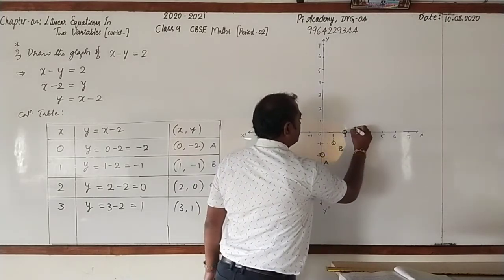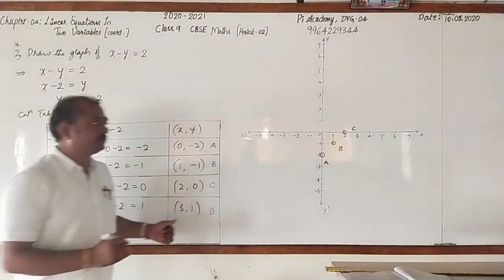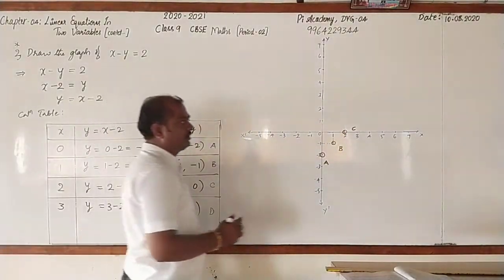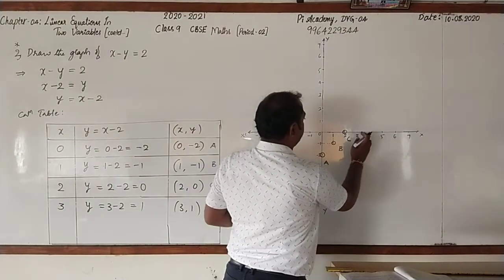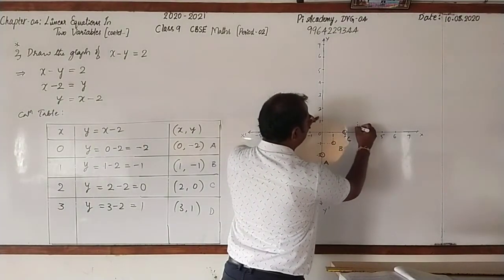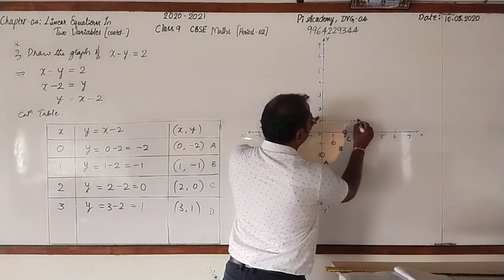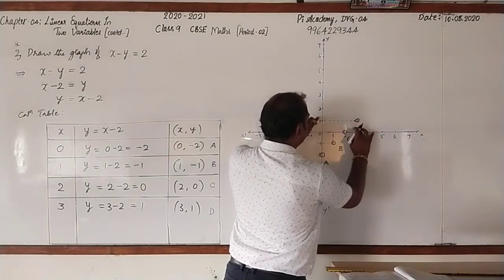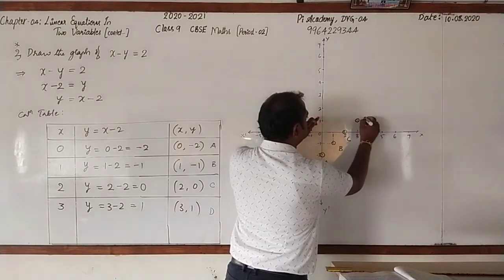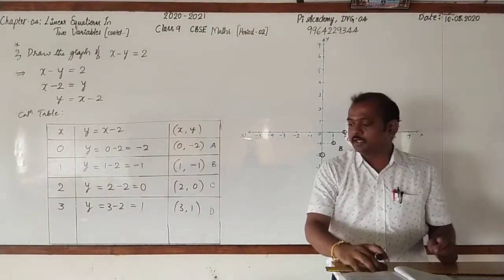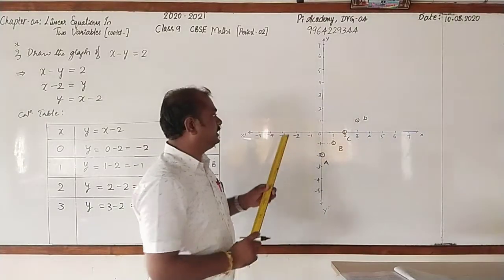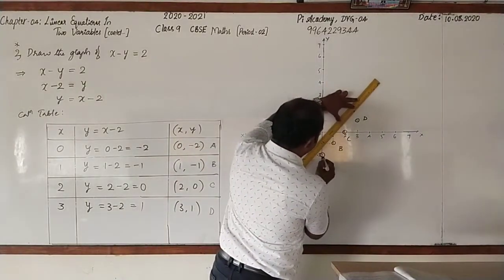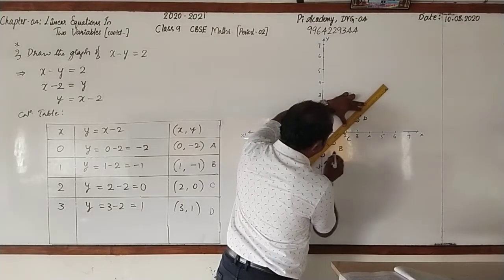It is point C. Then (3, 1). When x is 3, y is 1. Observe, here is the point. You may call this point D. Now let us go for joining these points A, B, C and D.